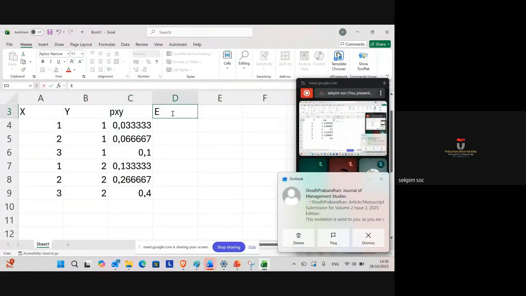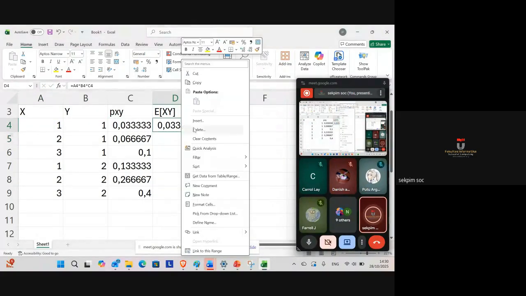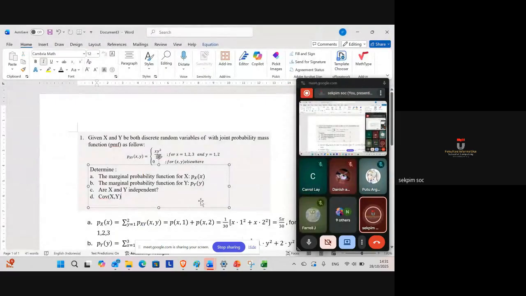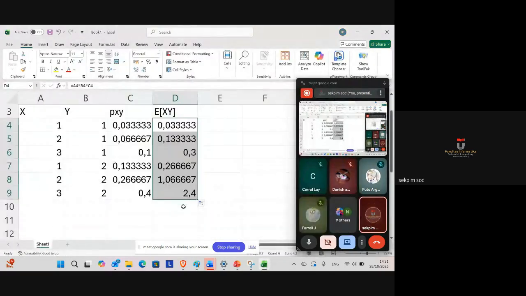Sorry, the expectation of xy. So this one equals x times y, times pxy, right? You can also calculate it like this. It's similar to the math formula I wrote here, and just take the sum of it.